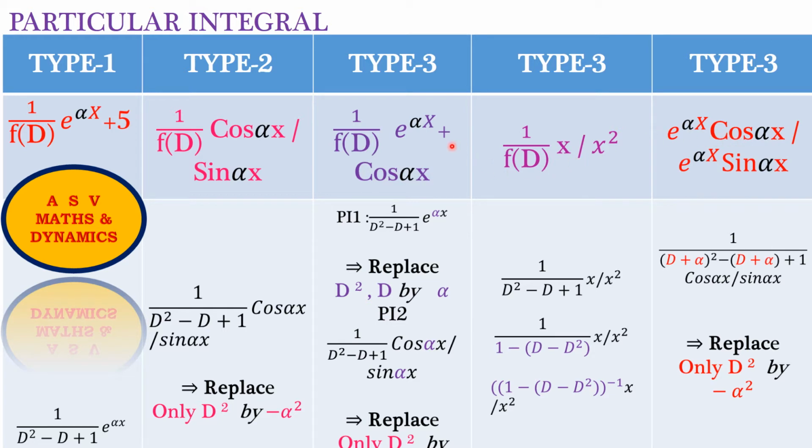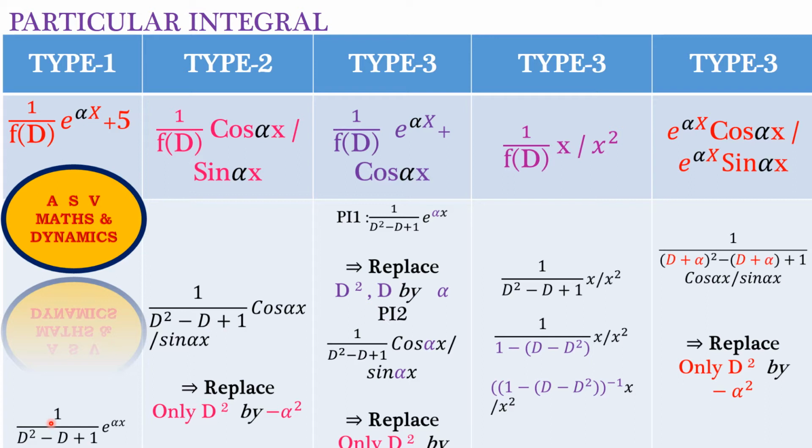So at the same time, how do you apply the values? For e power ax, listen, you only have to substitute the values in the d square directly. What is e power ax? This is alpha, and you can substitute the value directly in the particular part.